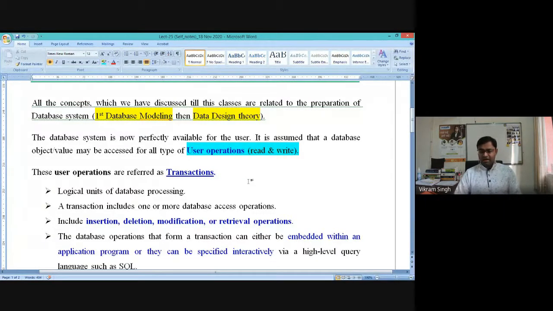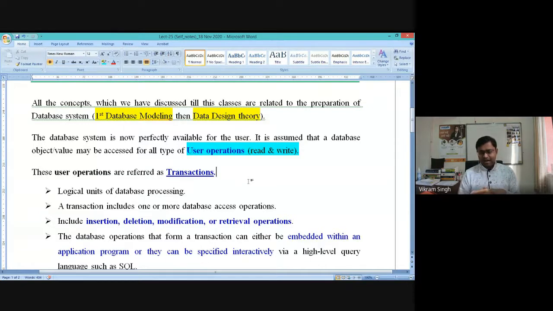So broadly, in the life of a database, there are two possible types of user operation. The first is the read operation, which is simply a request for retrieving the data. In the case of a write operation, you will naturally read the data and then update the data values also.